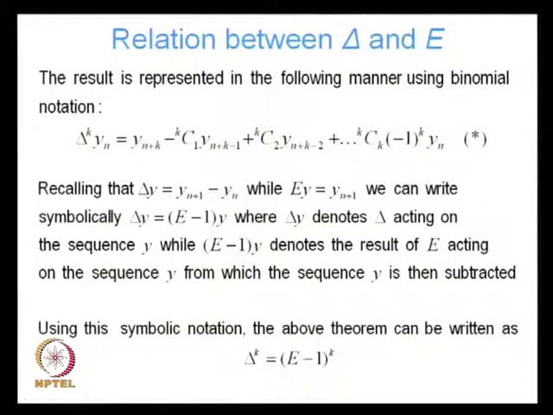So, we can write delta is equal to E minus 1, and using this symbolic notation, the above theorem, meaning this result, can be written as delta to the k is equal to E minus 1 to the k, because they are equivalent, operating on yn.